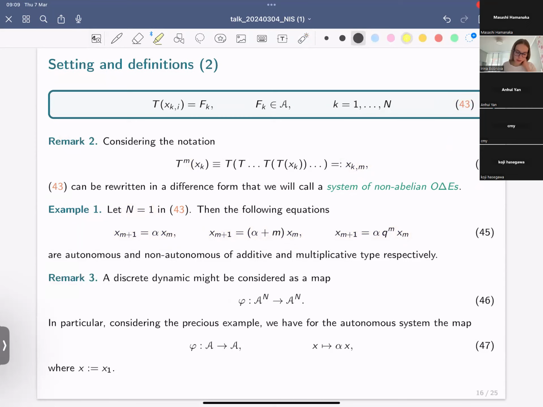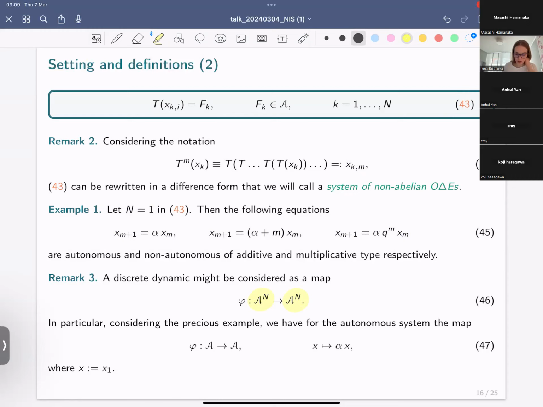Next remark is the following. We can consider our discrete system as a map from our algebra A to our algebra A to the power of n, because we have n generators. It's convenient because we want to study first integrals of our systems.